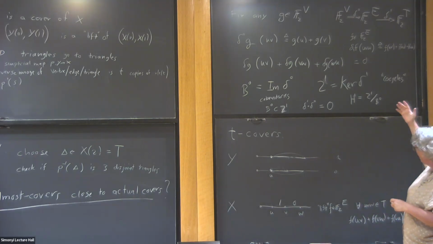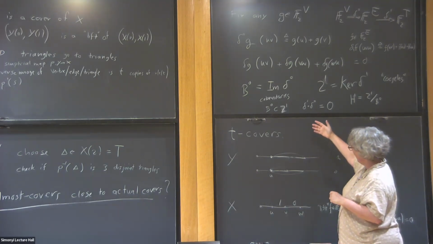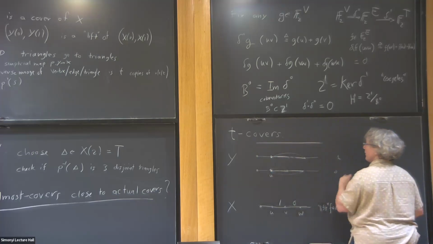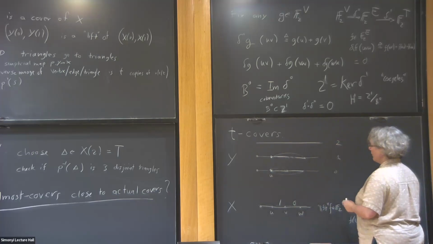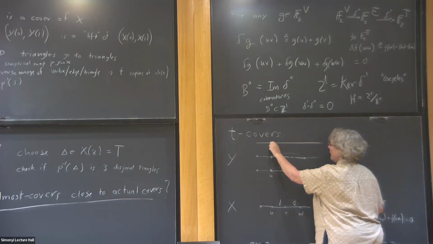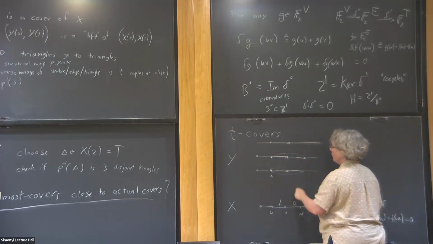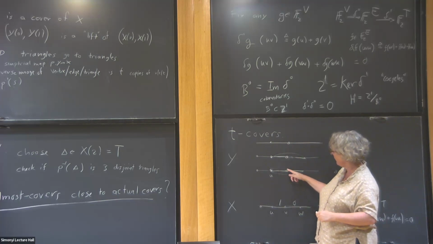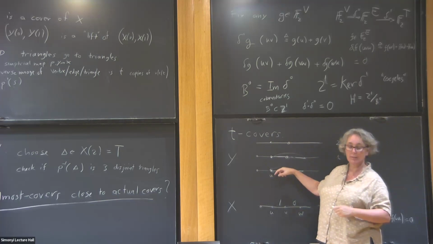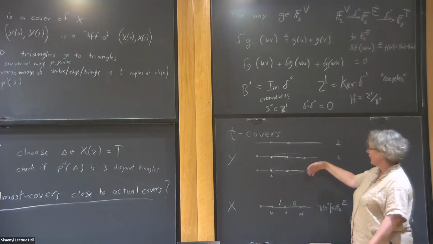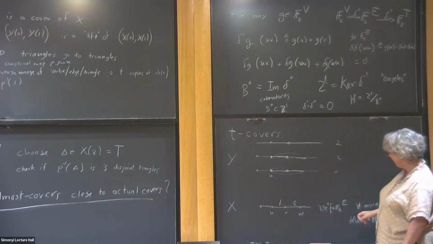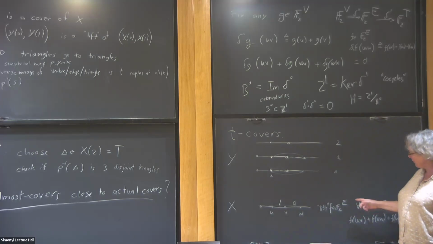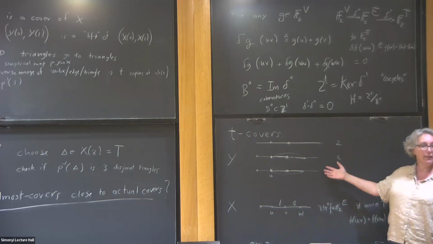So just to say that when I have more copies here, say 3 of them, 0, 1, 2, then really what I need to know, if I want to know how to lift an edge upstairs, is just a permutation on 3 elements. So really to tell me a cover, what you need to tell me is not a function from E to F2, but rather a function from E to S3 in this case.